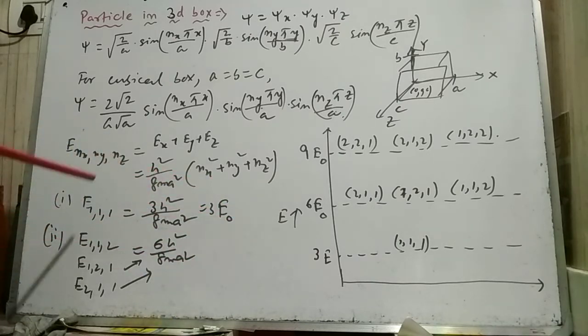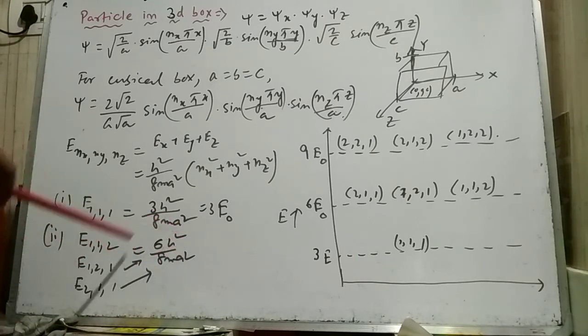So three energy levels are generated, but having the same energy. The magnitude of the energy is 6h²/8ma². So three levels are generated but having the same energy. This level is called a degenerate energy level, and the number of such energy levels is called the degree of degeneracy.